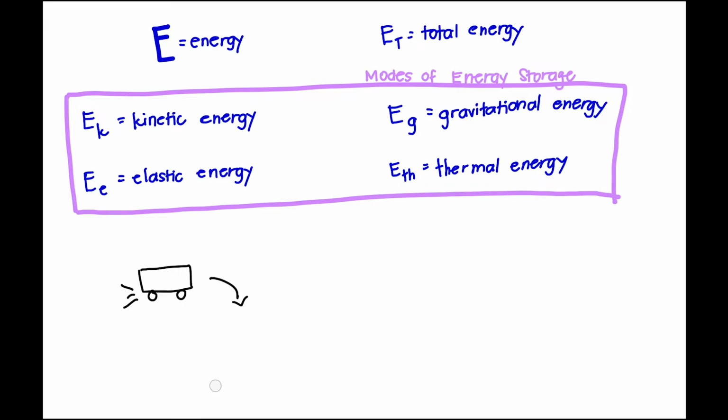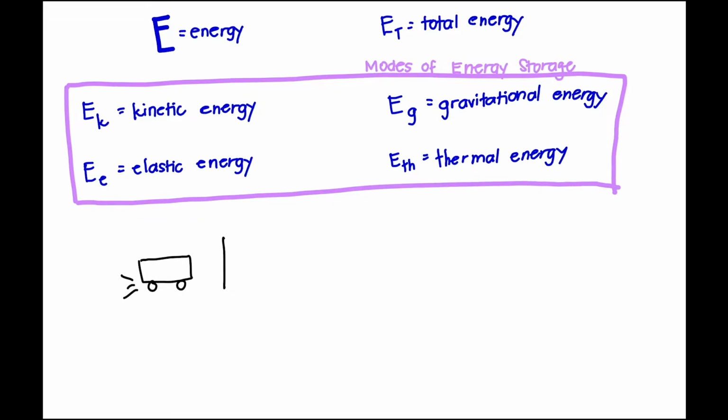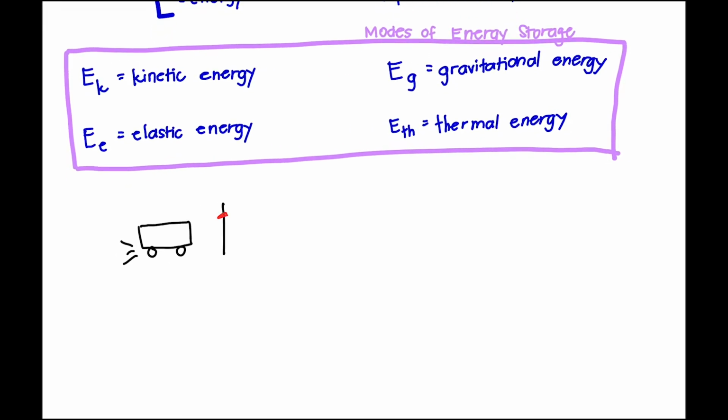So we'll just have the car running into a wall. What happens here is when the car runs into the wall, there's a lot of damage sustained, but also there's kind of like a heat change. So then we'll say that there is a thermal energy that is now present because of the kinetic energy transferring into the wall.